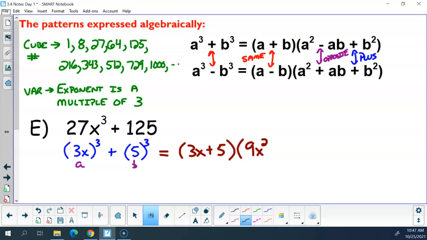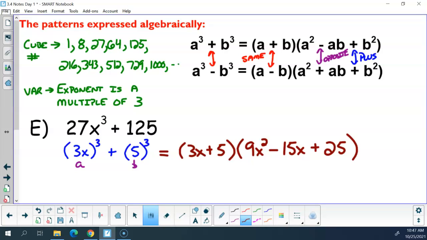Minus, because it's opposite now. Then it says A times B. 15x. Then it says plus B squared. So it's just 25?